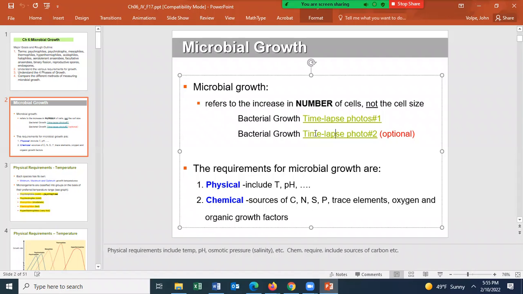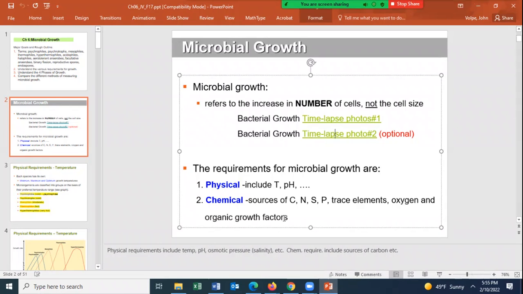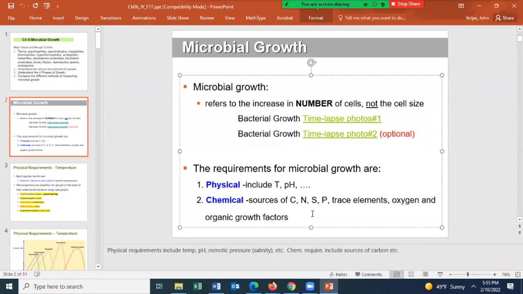It's going to show you cells growing. There are physical requirements for microbial growth, including temperature, pH, osmotic pressure, and salinity. There are also chemical requirements for cells to grow. All cells have to have a source of carbon, nitrogen, sulfur, phosphorus, and trace elements.